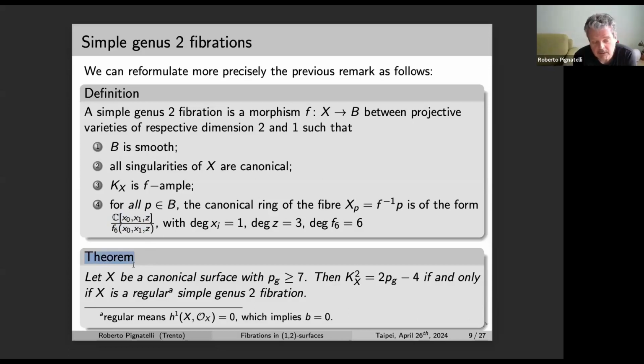We can say, by Horikawa's result, so let's say this is a theorem of Horikawa, or maybe Enriques knew it already but reformulated in this language, that if you have a canonical surface with pg at least 7, there are exceptions for smaller pg, let me insist on it, but if we assume pg bigger or equal to 7, then you have equality in the Noether inequality if and only if X is a regular simple genus 2 fibration, which is a shortcut for saying there exists a map onto a curve with these properties.